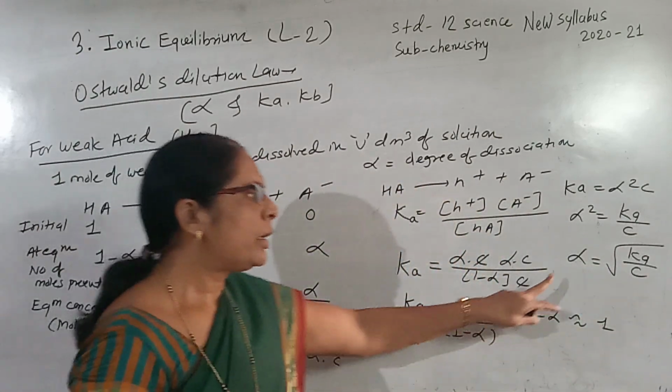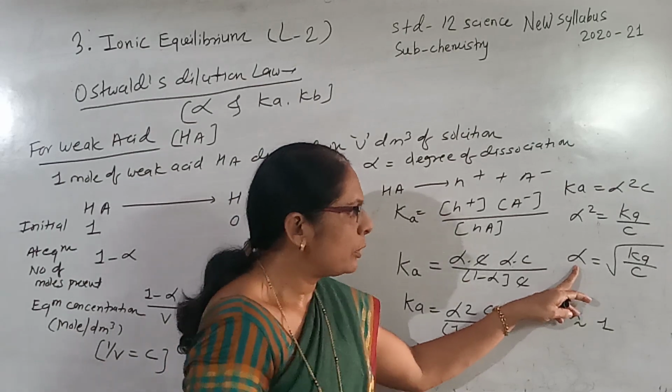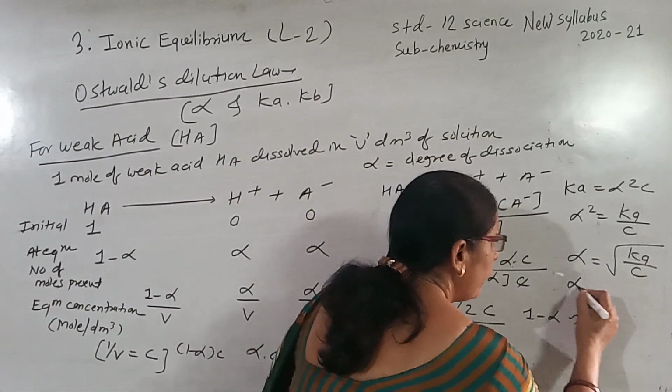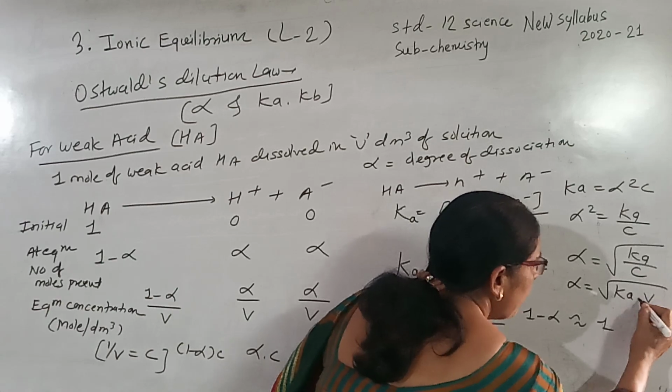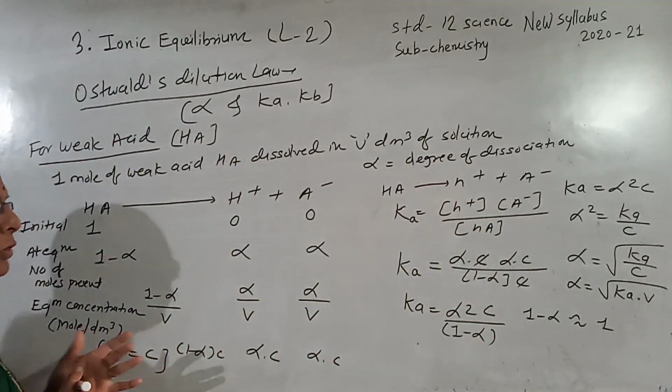So alpha, the degree of dissociation, is inversely proportional to the square root of its concentration, or alpha is equal to root of K into V, because 1 upon C is the V. So what is the Ostwald dilution law for the weak acid?